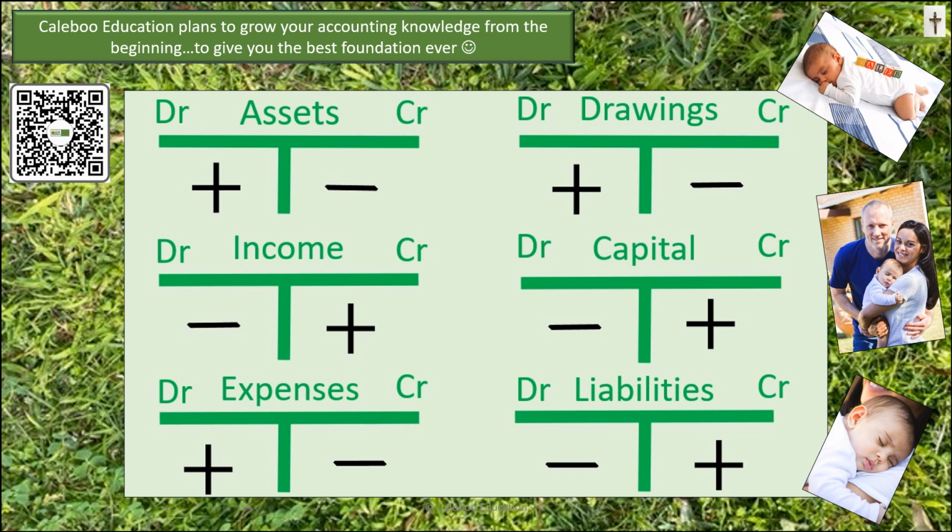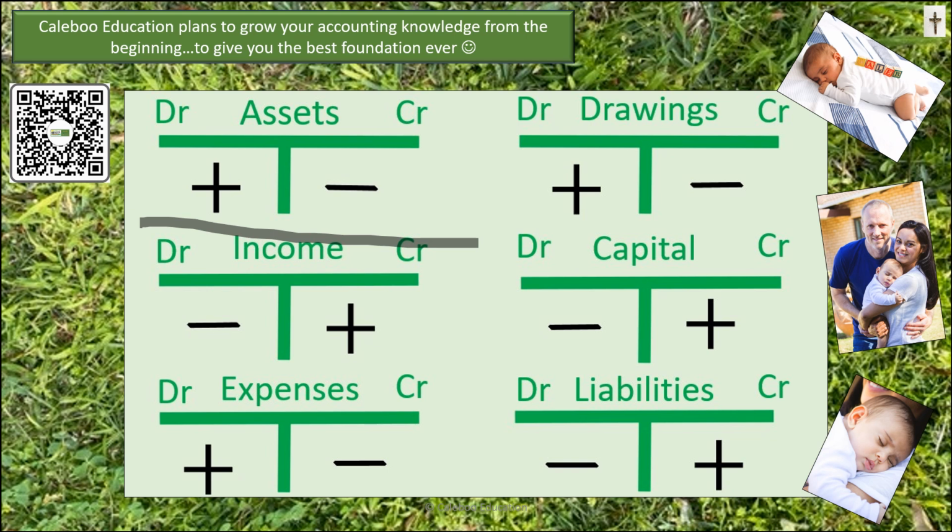If you're starting your accounting career, or if you're an accountant, if you're a student, you need to know your accounting rules like you know your alphabet. Your accounting rules are one of the most important, if not the most important, things you need to know in accounting.